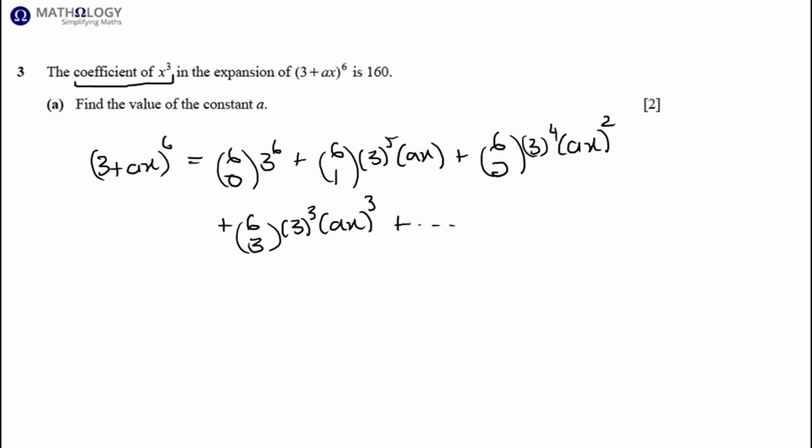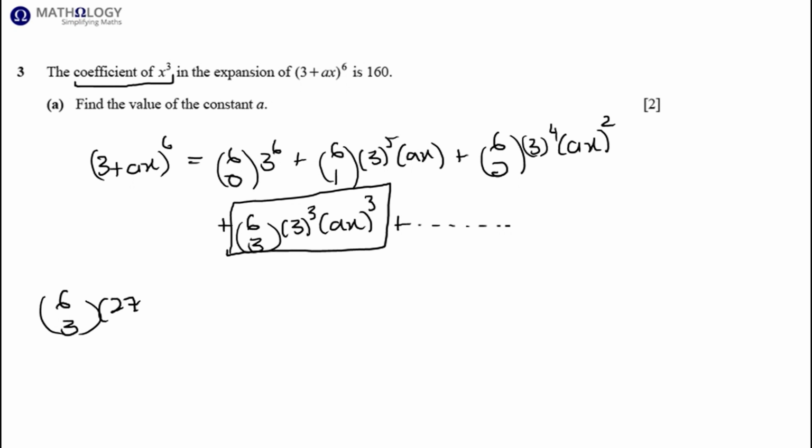We can carry on expanding, but we don't need to, because we only require the coefficient of x cubed. The terms after this term will contain greater powers of x. So this is the only term we are actually interested in.